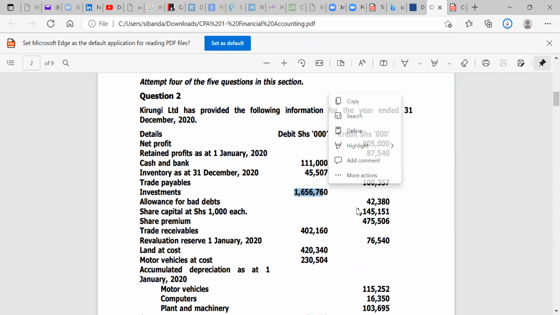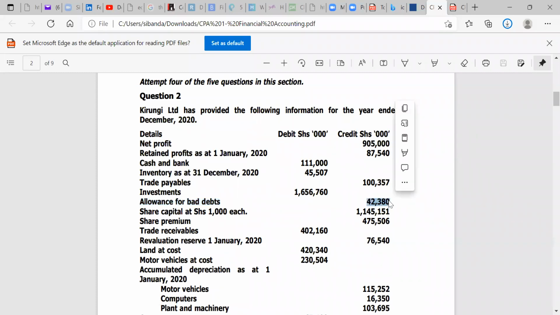Then we have allowance for bad debts. Now, allowance for bad debts is also called provision for bad debts. Allowance for bad debts is also another word to mean provision for bad debts. So we are seeing that we have a value of 42,380. So if it is 42,380, what does this mean?